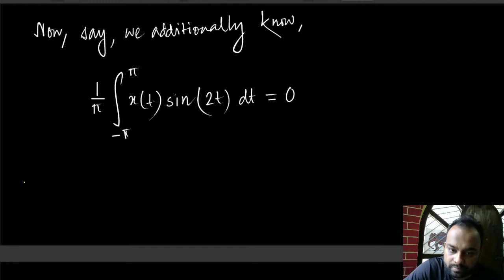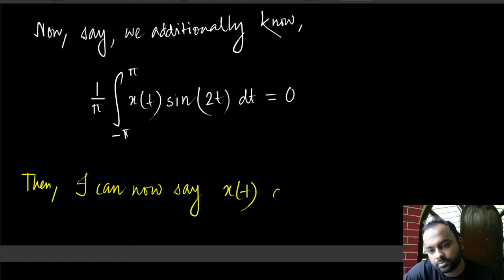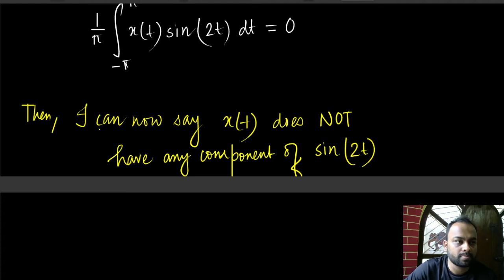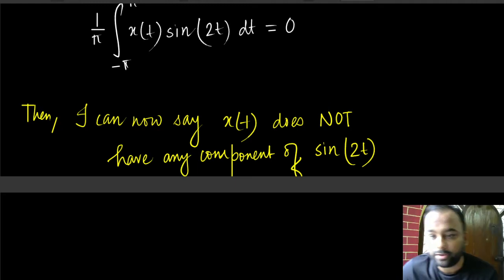I can now say xt... So there must not be a sin 2t, right?